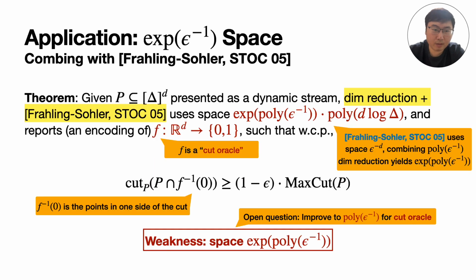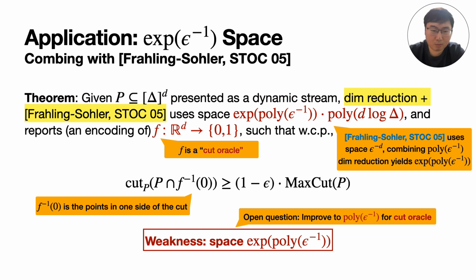Finally, as we mentioned, if we combine the known algorithm for max cut in low dimension with the dimension reduction, we can readily obtain a 1 plus epsilon approximation. This approach has both a weakness and a strength. The weakness is, of course, the space complexity. It is exponential in 1 over epsilon.